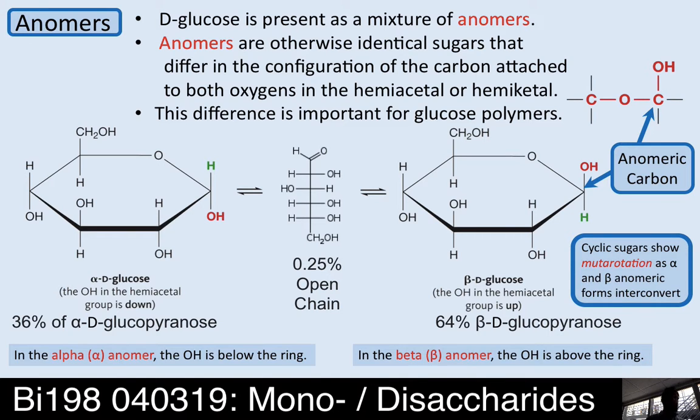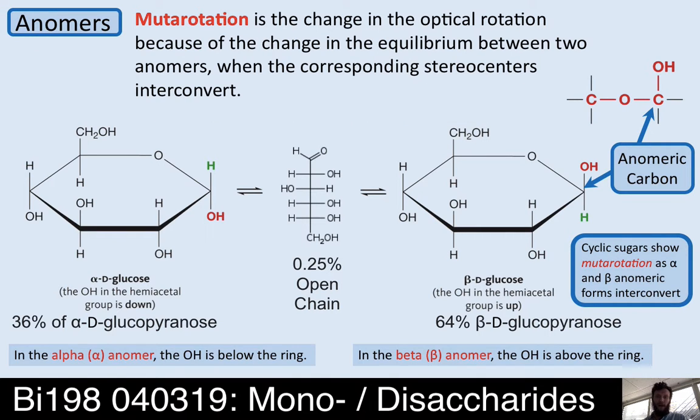So like wood fiber or chitin, the shells of shellfish, are made out of these beta glucans that are resistant to digestion. A lot of fiber has beta glucans, whereas alpha glucans are things that our body is able to process as energy. All right.